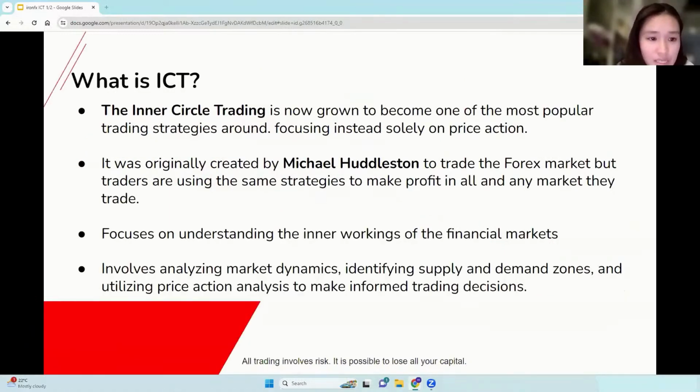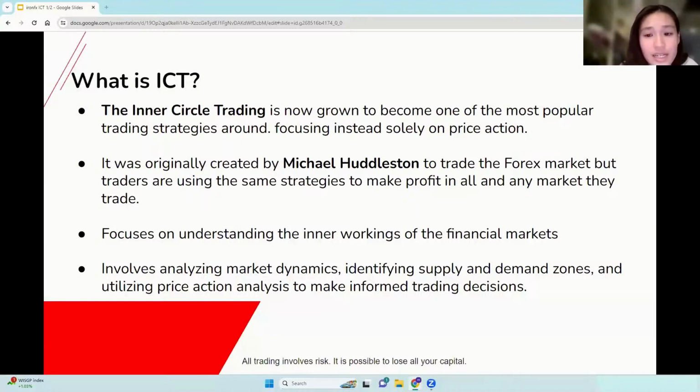So what is ICT? Basically ICT stands for inner circle trading. Okay, let me just allow you to pop your questions into the chat. Okay, so let's start by defining what exactly we mean by inner circle trading. So ICT, or inner circle trading, is a trading methodology that focuses on understanding the inner workings of the financial markets.